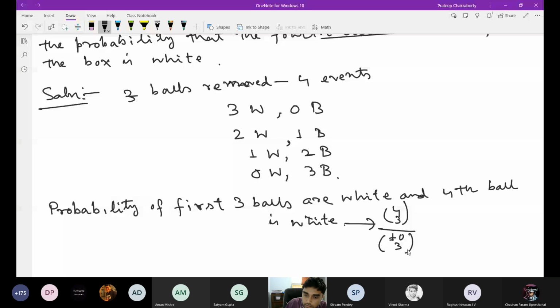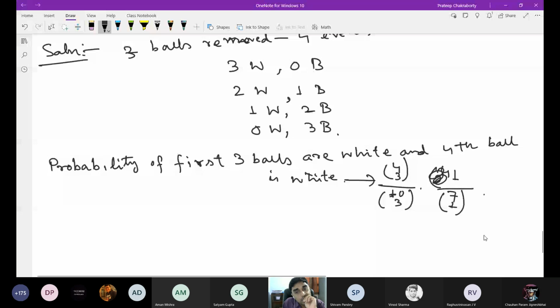Is this okay? Then 4, then 1 by 7 choose 1. Is this the one you are thinking? 4 choose 3 by 10 choose 3. So the probability of choosing 3 balls at the beginning is 4 choose 3 by 10 choose 3. First 3 balls are white. Then there will be only one remaining white ball. So 1 by 7 choose 1.